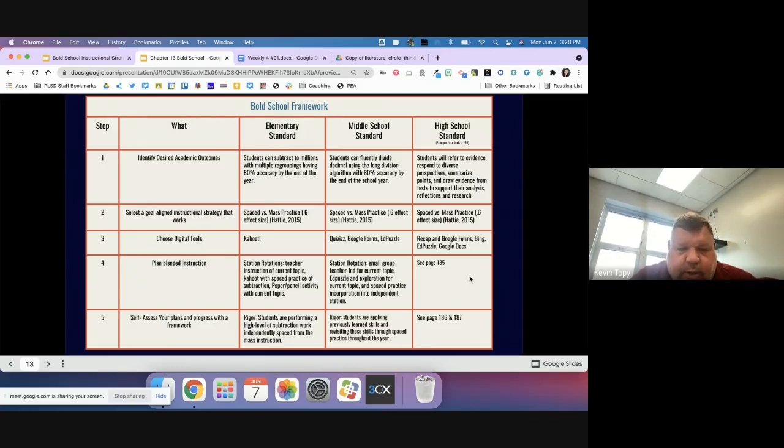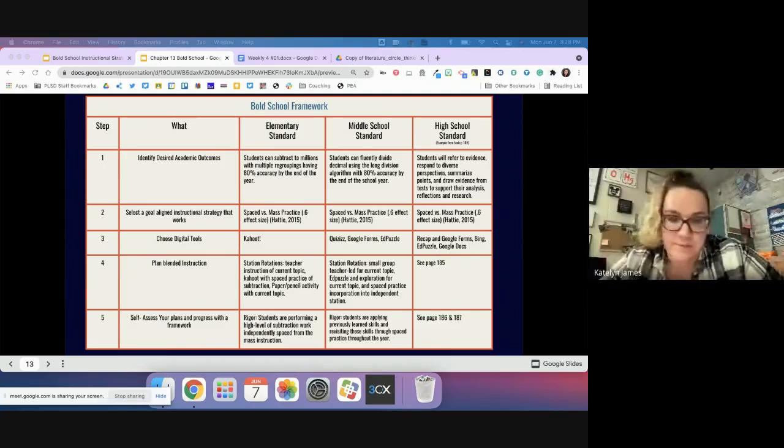So they're getting current topics in 2 of their stations, and then spaced practice on subtraction in 1 station. The rigor is obviously they're performing high-level subtraction work if they're doing multiple regroupings, and it's independent from the mass instruction that had happened previously in your modules.